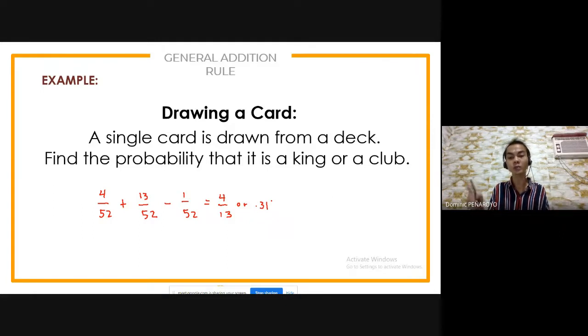Pero dapat hindi lumagpas sa 1 at hindi siya mag-negative. So pag may sagot kayong negative or sumobra ng 1, of course, automatic, alam niyo na sa sarili niyo na mali yung sagot niyo. Kasi dapat it's between 0 to 1 only, wherein 0 and 1 are included.